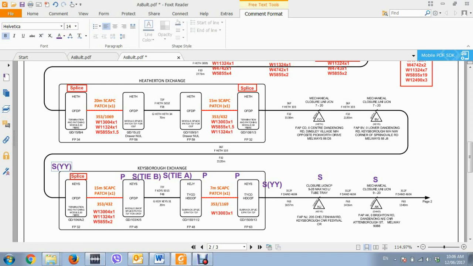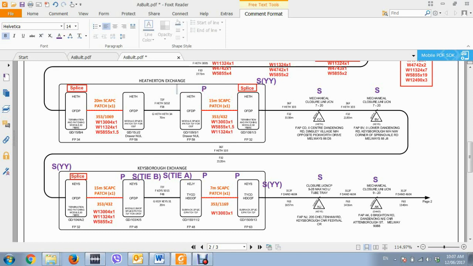So after that, here we have a splice, then a splice here as well, and here we have SYY, because this is the entry point to the exchange Heatherton. At this ODF we will not write P because there is a splice here, so that's a pigtail, that's not a patch code, so we'll write just a P at the other side of the patch.